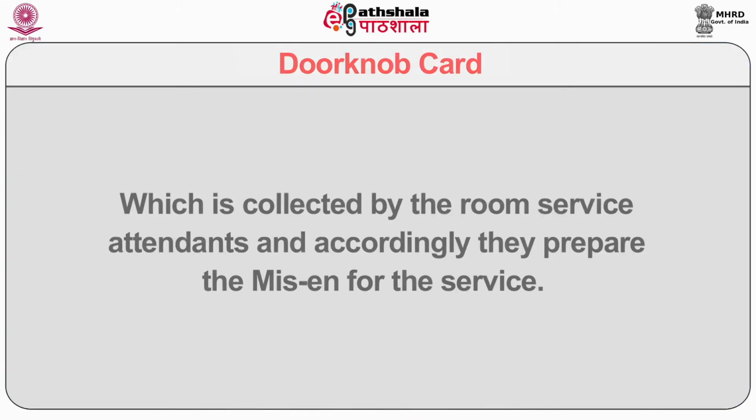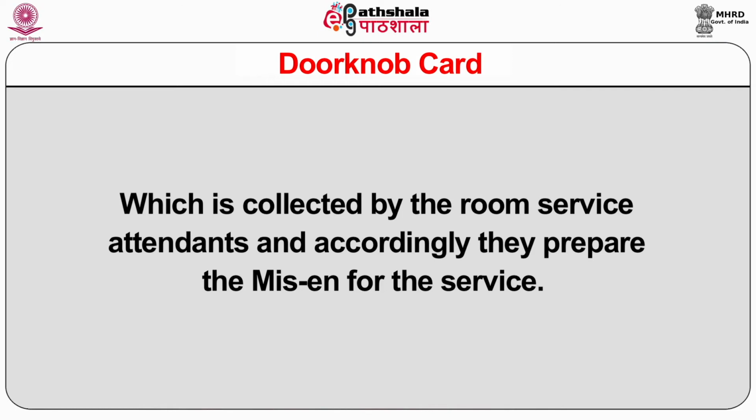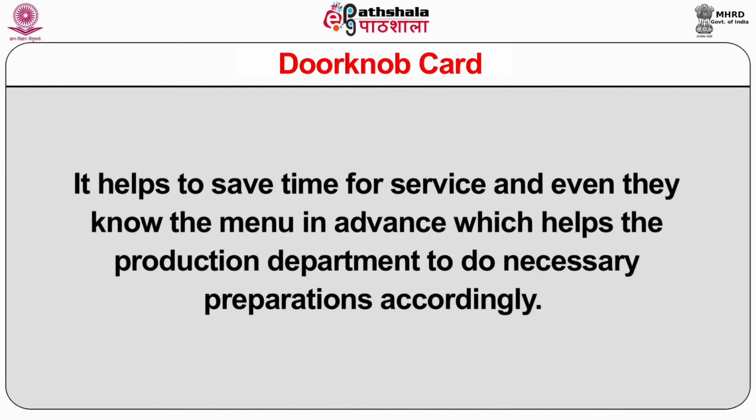In this card, he also specifies room number, portions, and time at which breakfast is required and hangs it on the doorknob outside the door, which is collected by the room service attendants, and accordingly they prepare the mise en place for the service. It helps to save time for service, and even they know the menu in advance, which helps the production department to do necessary preparations accordingly.